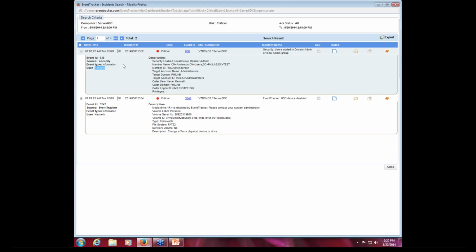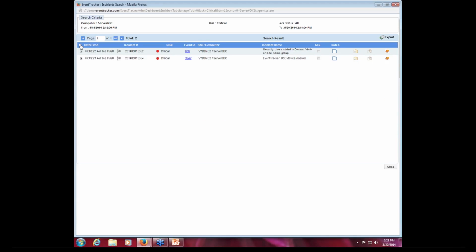We don't know that this is a problem, but administrative users have all kinds of power, so if someone's being added, presumably it's something you should know about. And we also see there was an attempt at inserting a USB, and that was defeated by Event Tracker. So from a server perspective for this domain controller, these were the important, critical, serious things that happened.